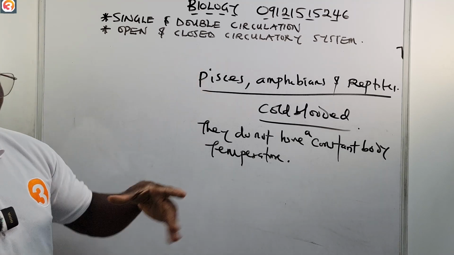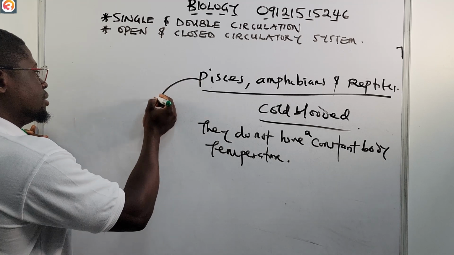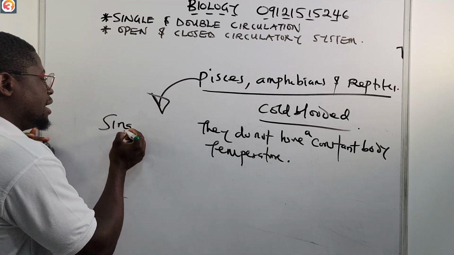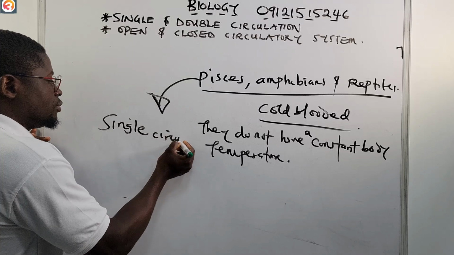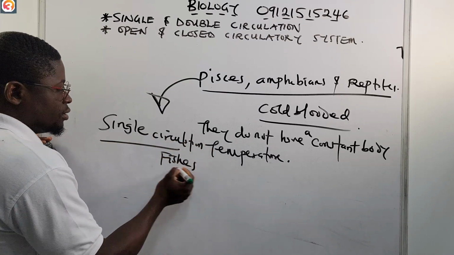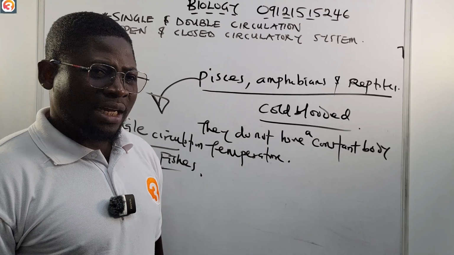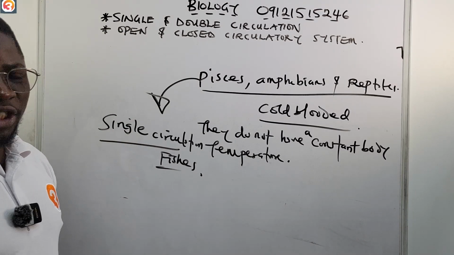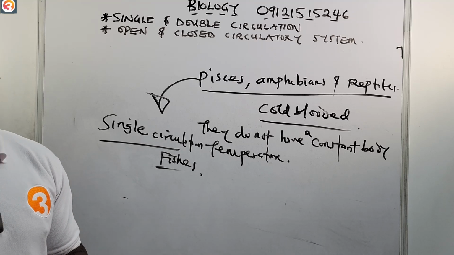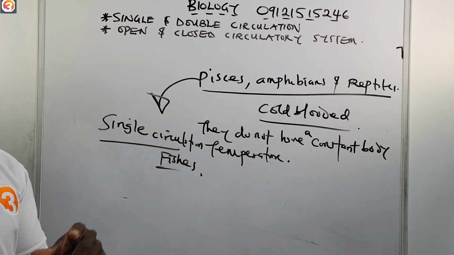Let's talk about fishes, for example. Fishes have single circulation. And what happens in fishes? Fishes have a two-chambered heart. They do not have a four-chambered heart like in birds and mammals, as we considered earlier.